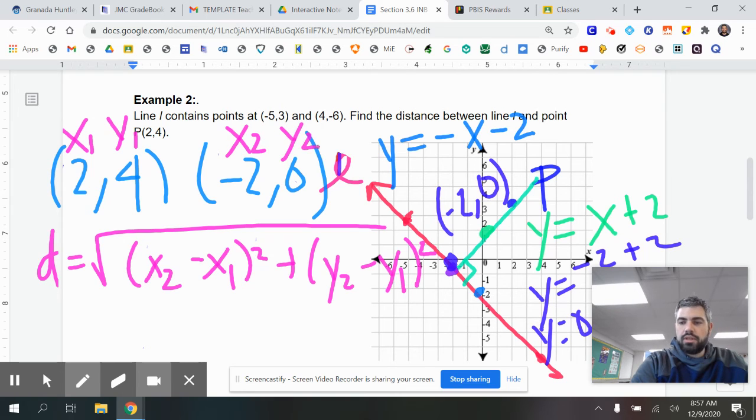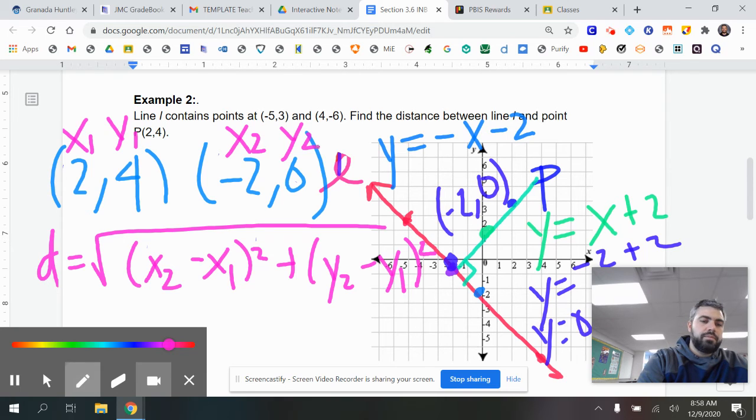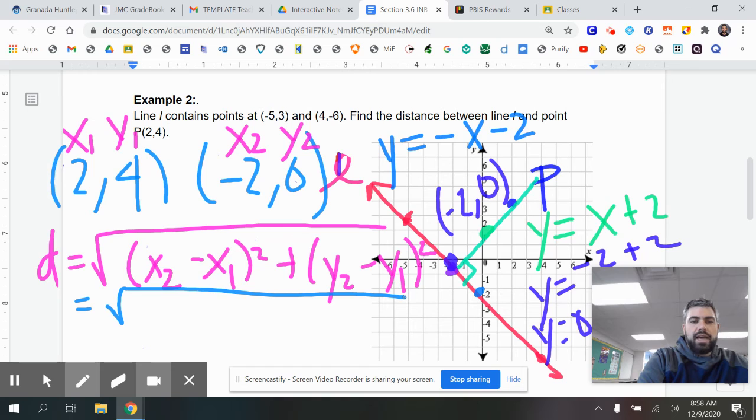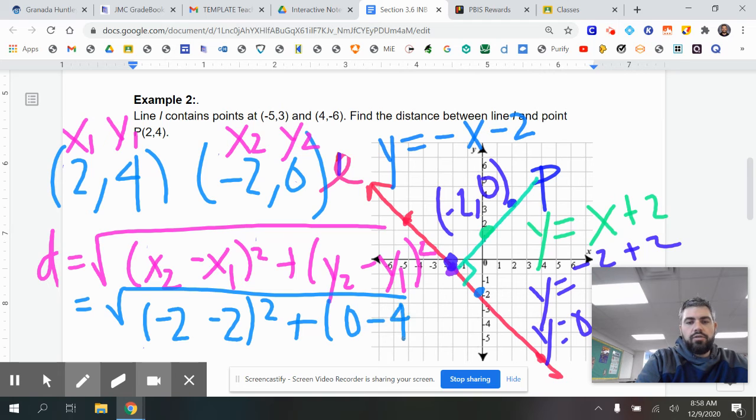We're going to use those points in the distance formula to find the distance from P to that line. So x2 is negative 2 minus x1 is 2, so negative 2 minus 2, squared, plus y2 is 0 minus 4, squared.